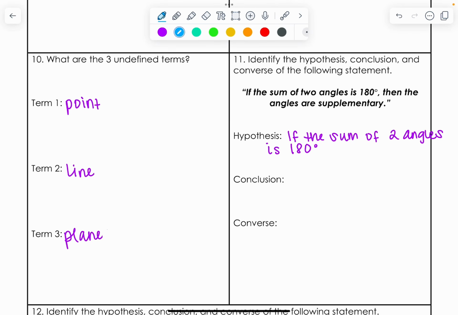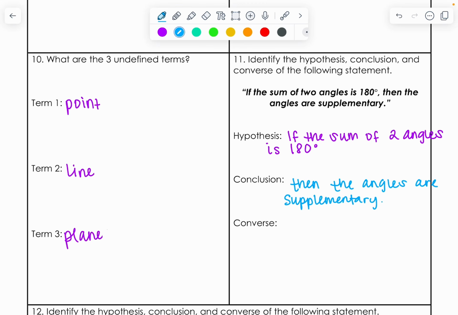And then the conclusion is what comes after the word then. I included the words if and then. Sometimes they are included, sometimes they're not, but you have the idea.